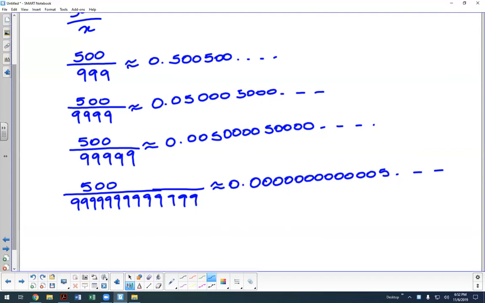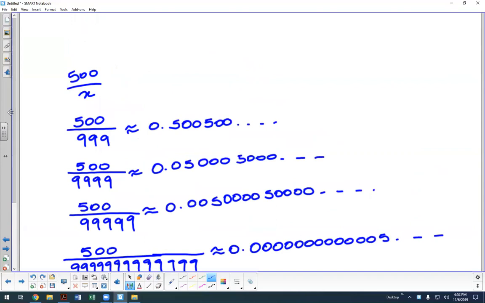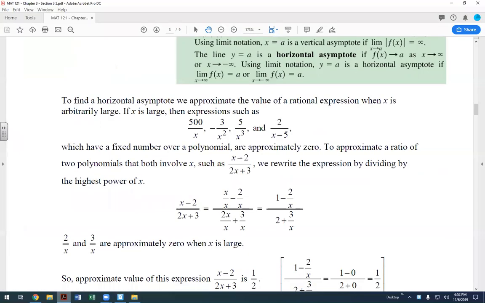So any expression that looks like this, where I have a constant term on the top and an x on the bottom, all of them, as x goes to infinity, this expression itself will actually start getting closer to 0. So all these rational expressions that you had here, 500 over x, as x gets really large, it's becoming a 0.